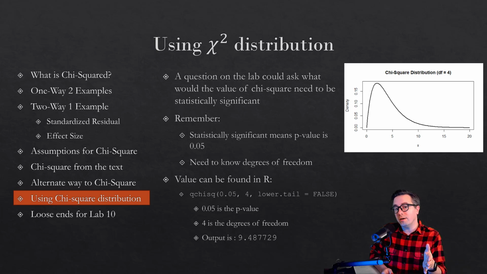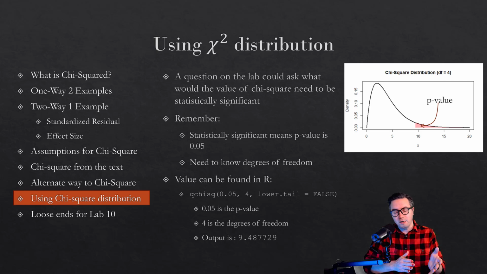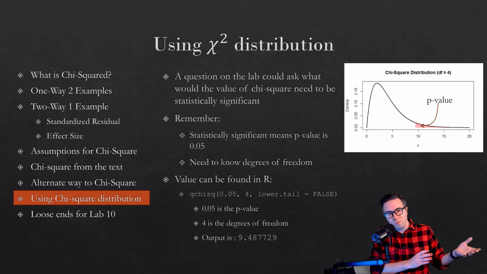So we know about that area under the curve, which is the p-value. And so we're kind of working backwards, right? We had the chi-square before, and it calculates the chi-square and determines the p-value, but this is working backwards.